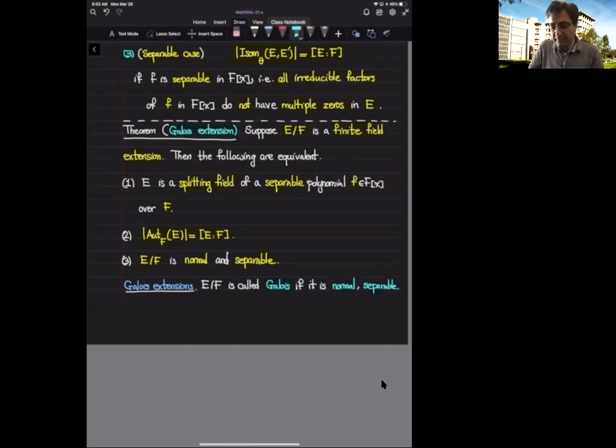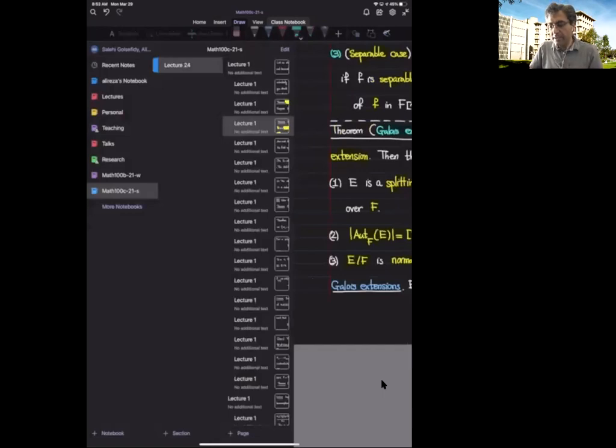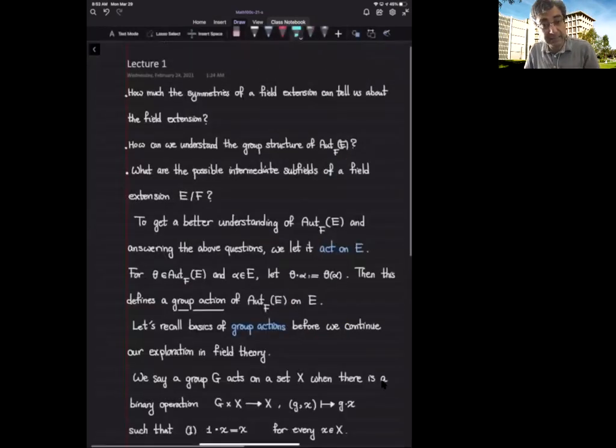Okay, so now let's try to get a better understanding of Galois extensions, see how we can navigate within the subfields of the Galois extension, if we can understand the symmetries of a field extension better, and so on. So again, the list of questions that we are going to consider and try to address are the following. How much can the symmetries of a field extension tell us about the field extension? This concept of how much information we can gain by knowing about the symmetries of an object is an important technique in mathematics.